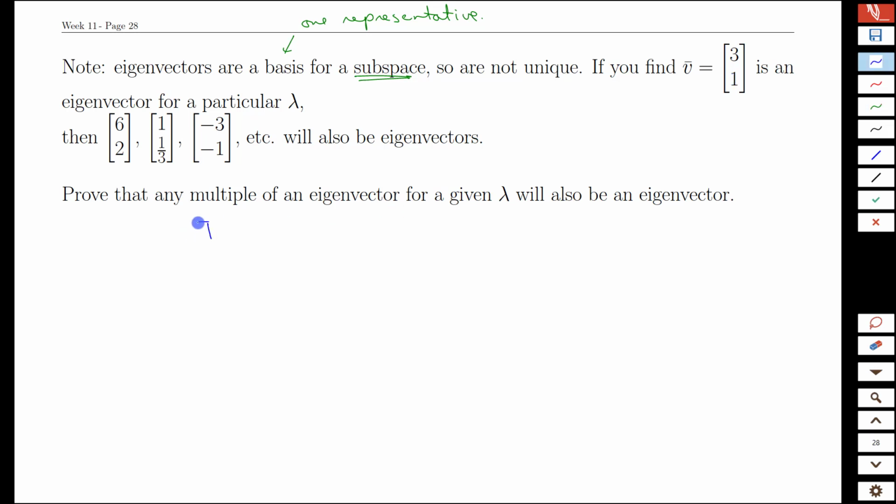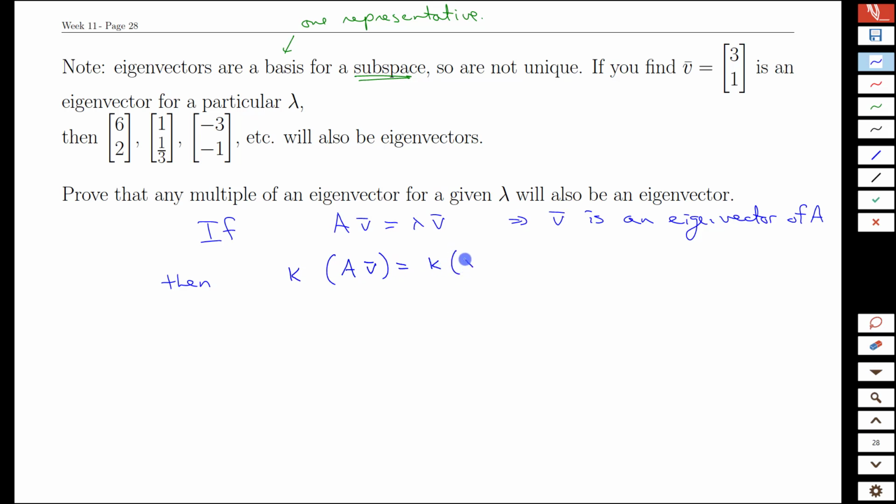And of course, because we're in a linear algebra class, we should prove that. If we're told that V is an eigenvector, so it satisfies this, then it's an eigenvector of A, then what we're allowed to do is multiply both sides by some constant K, some real K value. We can just multiply both sides by scalars, that's fine.